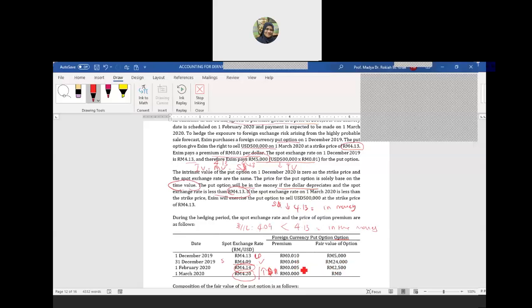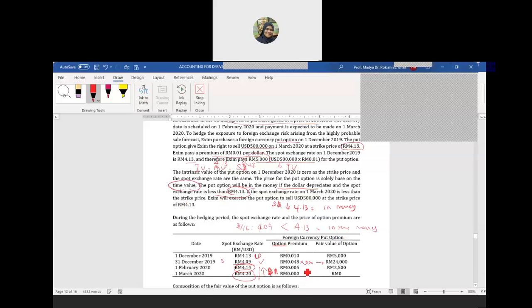So you're going to have 24. Now the value is 48, times 500, so you're going to have 24,000.